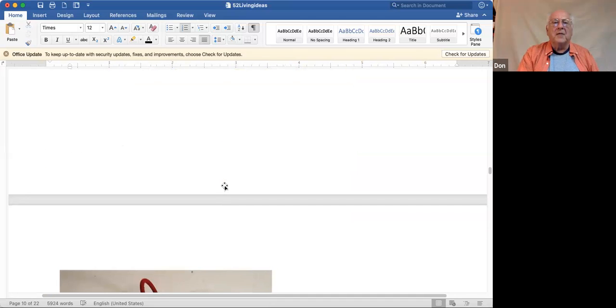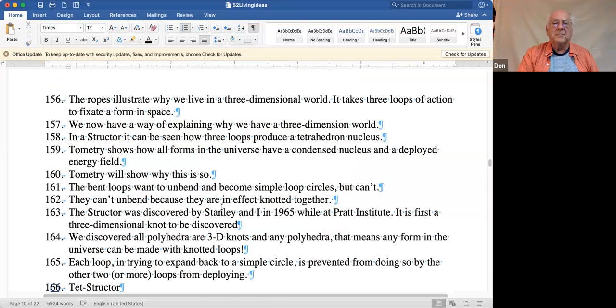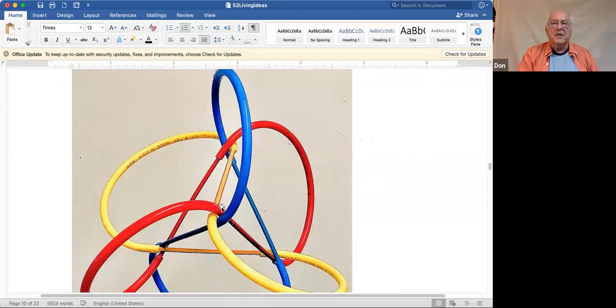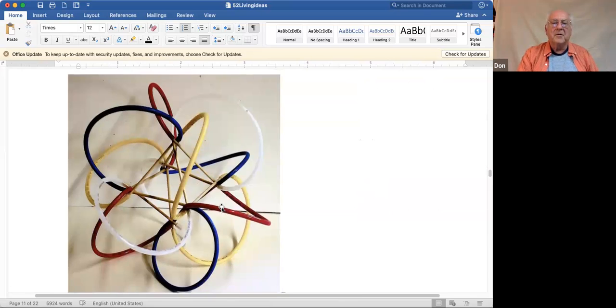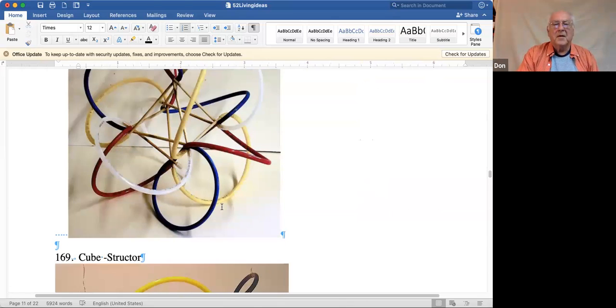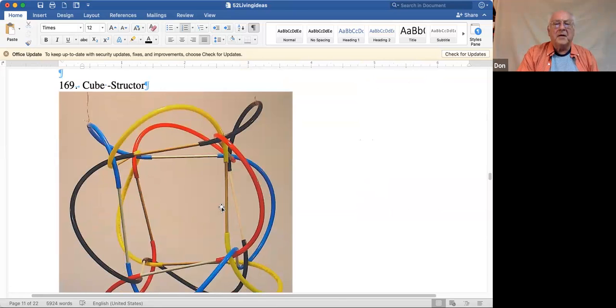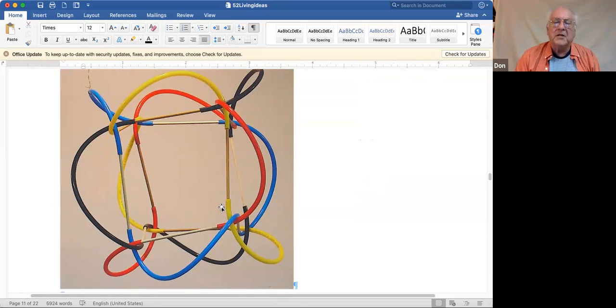So here, that's the tetrahedron. Here's the octahedron. And now the octahedron takes 4 loops. And the hexahedron cube takes 4 loops as well, because they're duals of each other.